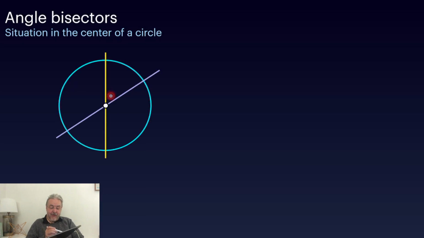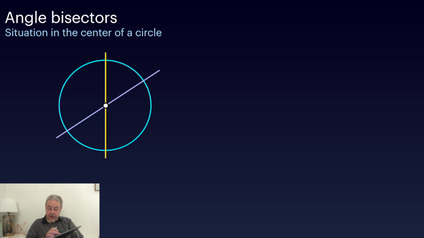So let me turn to another topic, angle bisectors, and this time I want to be a little more brief and less algebraic. So let's again look at the situation at the center of a circular fundamental object, where we know that the angle measurement here is the same as Euclidean angle measurement.